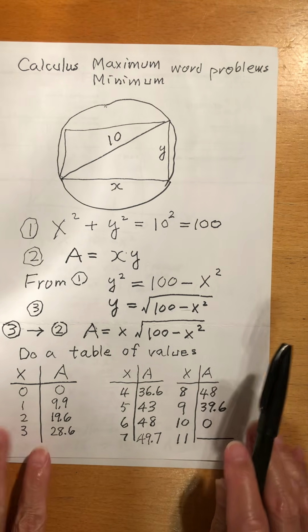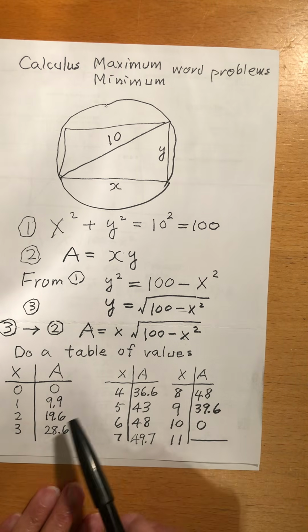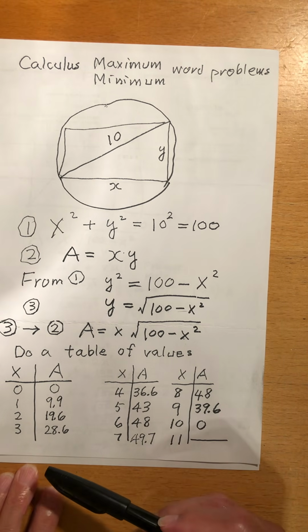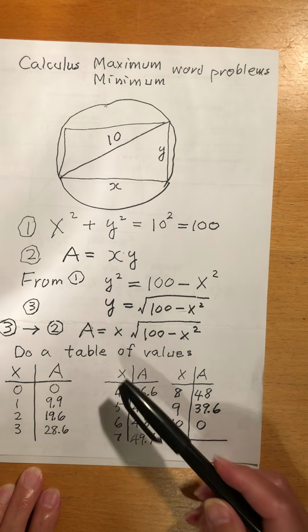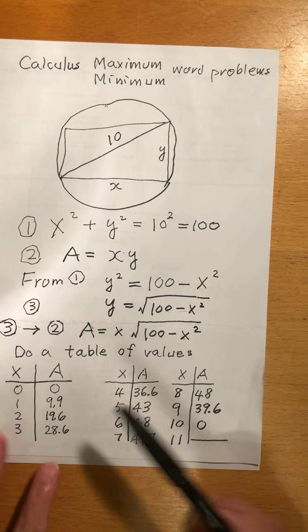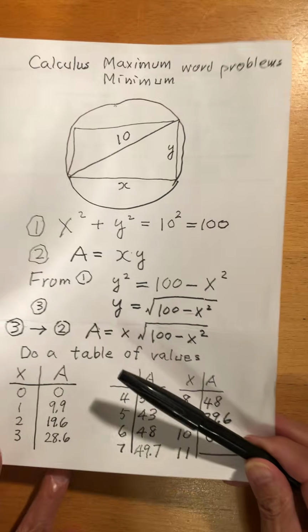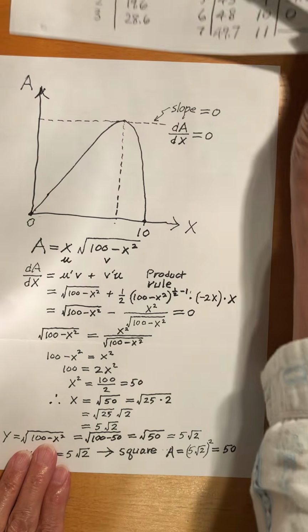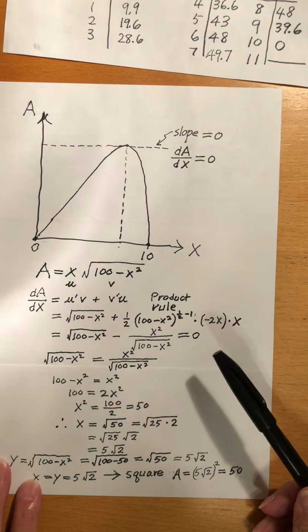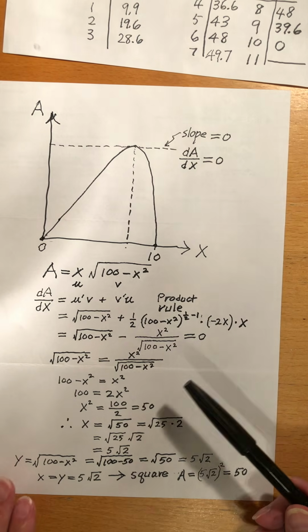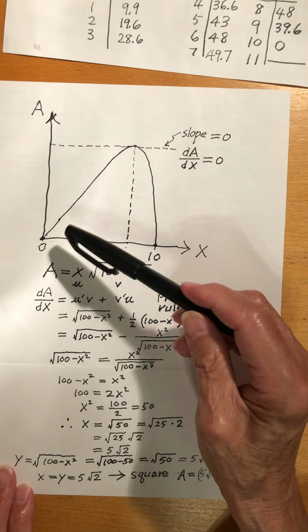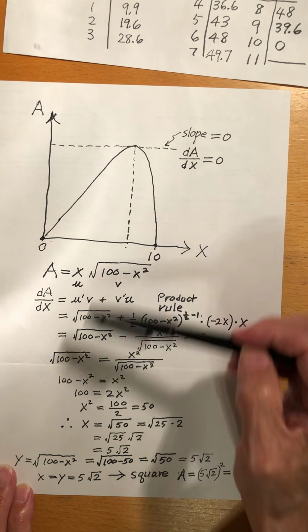In order to understand this question better, let's graph it. So I do a table of values, and you graph it. From the graph, you indeed find the area has a maximum value.